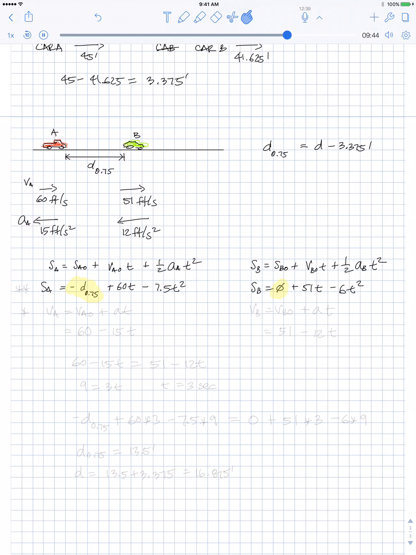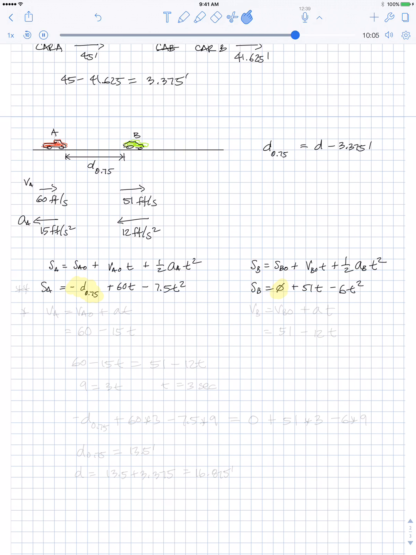Because remember, A was going at 60 feet per second, B was going at 51 feet per second, and so it's gaining on it. And if A gains on B, and right when it's about to hit, they're at the same velocity, because A is decelerating more, A will start to back off.